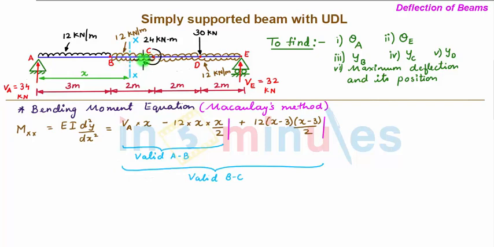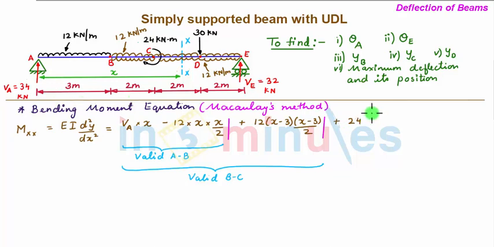Now let's move this section XX towards right beyond point C. When section XX is now between point C and D, writing the bending moment about section XX considering the left hand side of section, we have VA into x minus 12 into x square by 2 plus 12 into x minus 3 square by 2, plus there will be an additional moment due to this clockwise couple of 24 kN meter. So we have plus 24 kN meter.